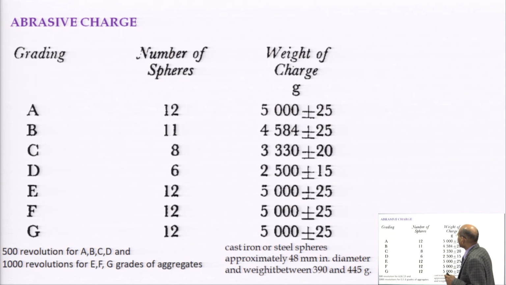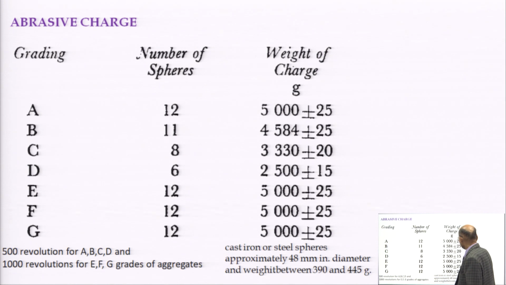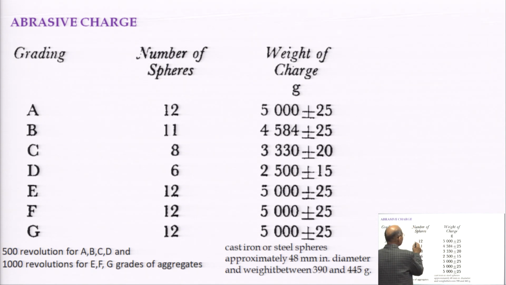Now, abrasion charging: how are we going to charge this? We have different gradings of aggregate, different groups like A, B, C, D, E, F, G, and a number of spheres. For grading A we have to put 12 spheres.